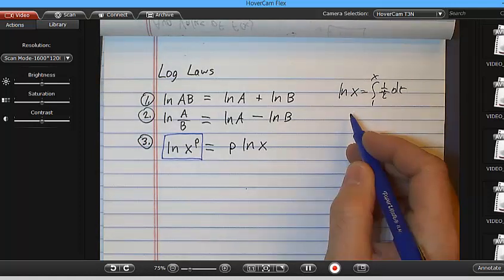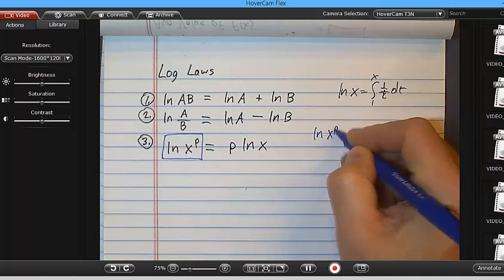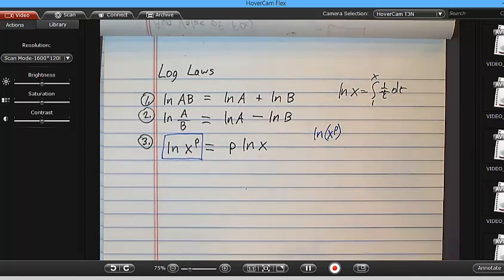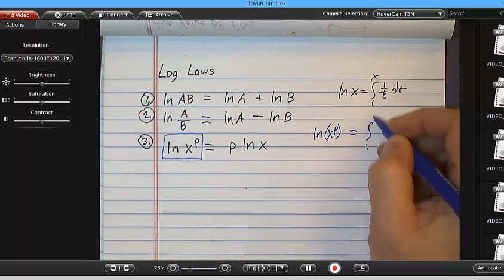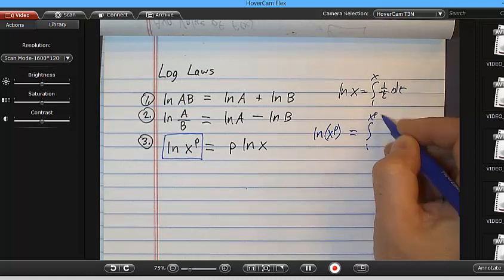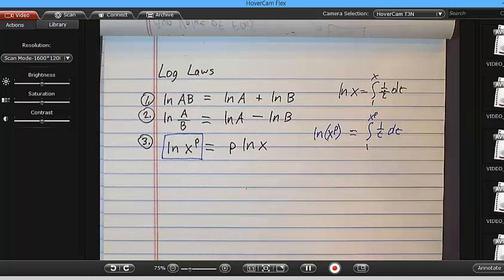According to our new definition, I can put that in parentheses to make it clear what I'm doing. What does that equal? It's the integral from 1 to x to the p power of 1 over t dt, right? That's what it means. Where it used to say x, I'll put x to the p power.